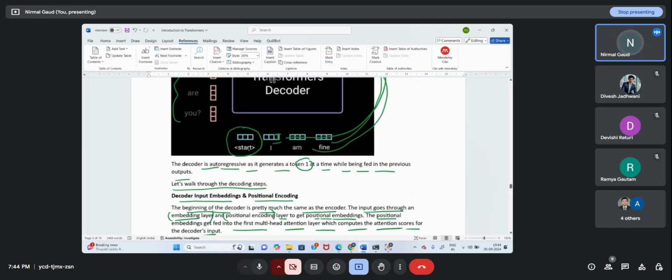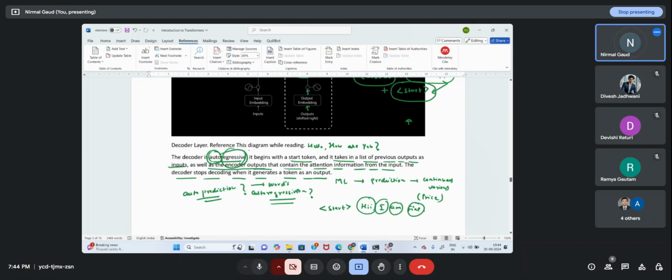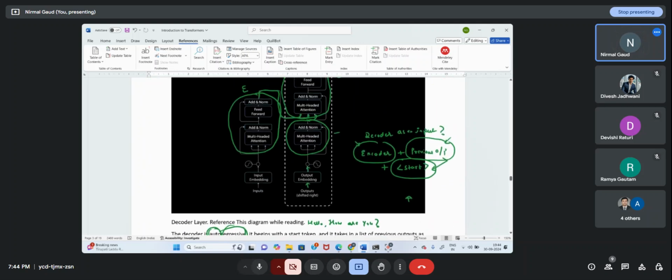So check the architecture again above. Outputs will be given to the output embedding. This is positional embedding, and this is given to the multi-head attention.